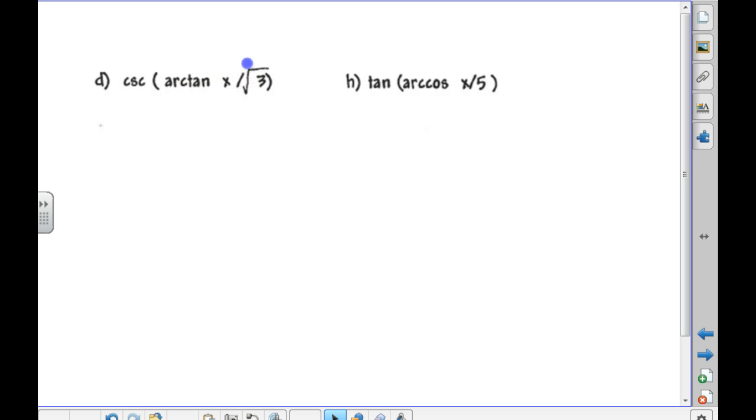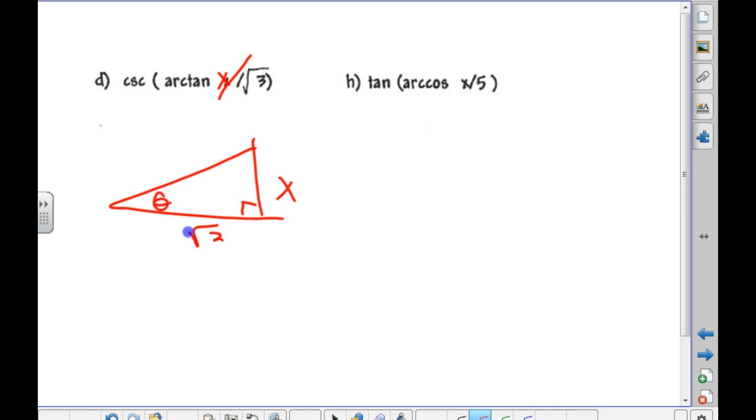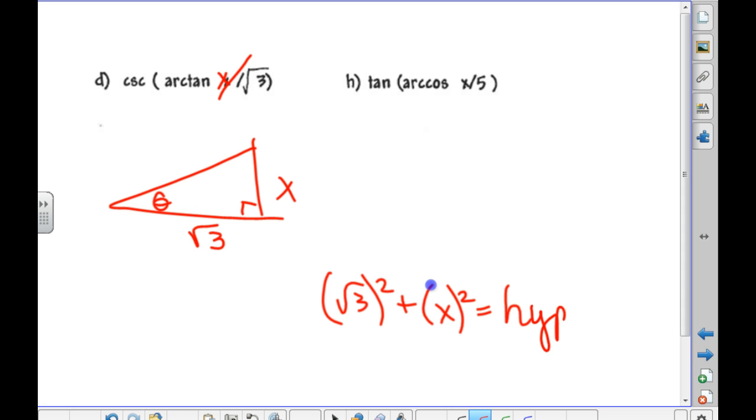If we had, this is supposed to be a fraction bar right in there, if we had some triangle with an arctangent of x over square root of 3, we would put x across, opposite, and square root of 3 adjacent. What could we write on this? Be careful. Leg squared plus leg squared equals hypotenuse squared.